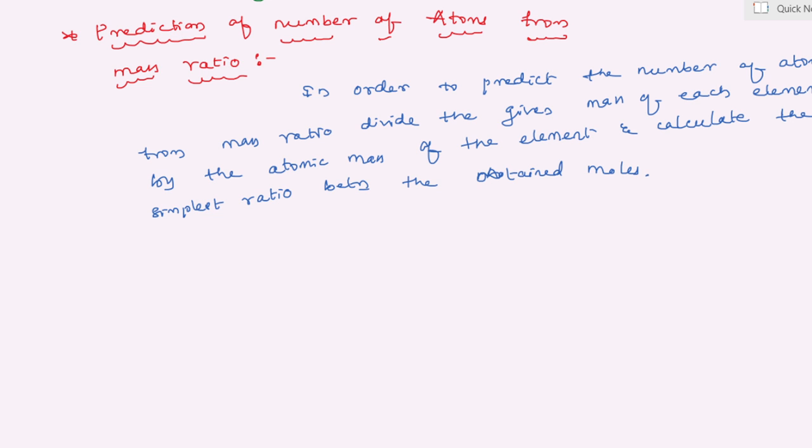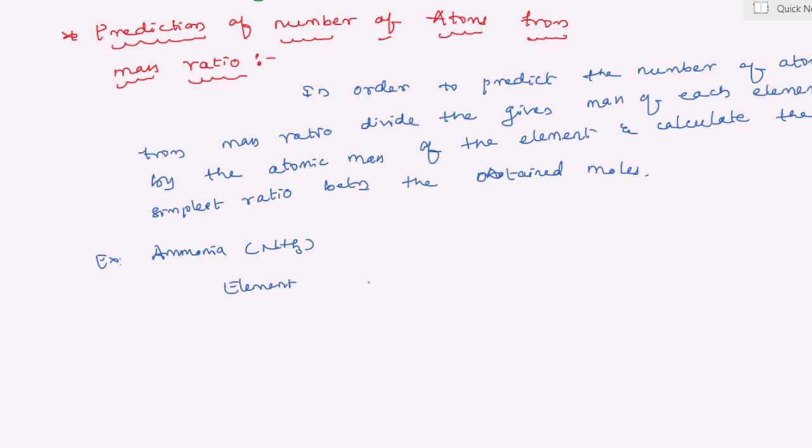Example. We know that the mass ratio of nitrogen and hydrogen in an ammonia molecule is 14:3. How can the number of atoms of nitrogen and hydrogen present in a molecule of ammonia be calculated? Take an example, ammonia, NH3.